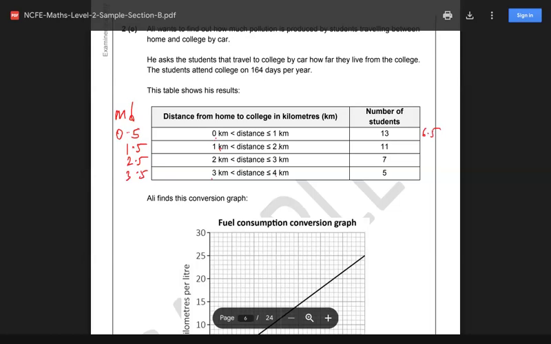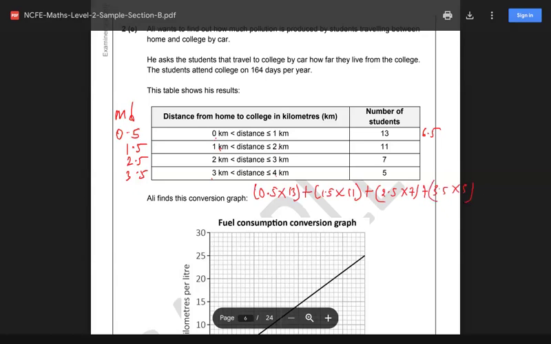Just use your calculator. If you multiply this one, you just do 0.5 times 13 plus 1.5 times 11 plus 2.5 times 7 plus 3.5 times 5.